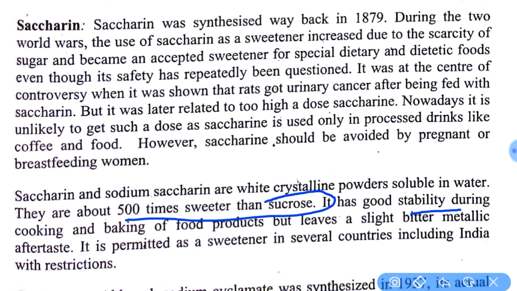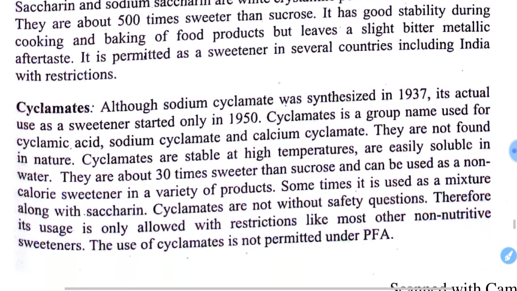Its dosage should be controlled because it can cause cancer. Rats got urinary cancer after being fed with saccharin. So it has to be used properly. It is non-nutritive and 500 times sweeter than sucrose.